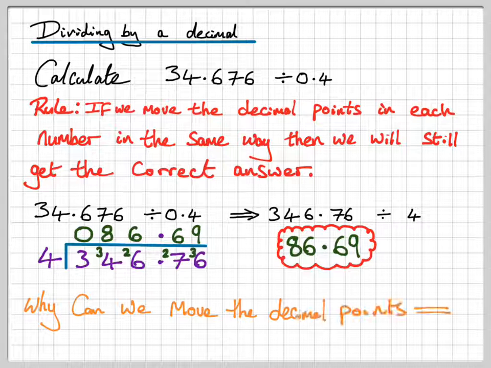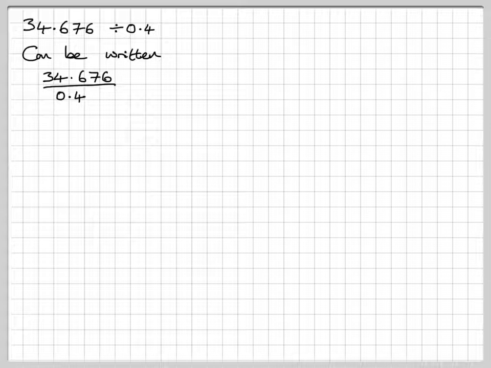We should always ask ourselves when we have a little rule why it actually works. So, why can we move the decimal points in this way and still get the same answer? Let's have a look. The first thing that we should notice is that 34.676 divided by 0.4 could be written as you see underneath, 34.676 over 0.4, like a fraction.